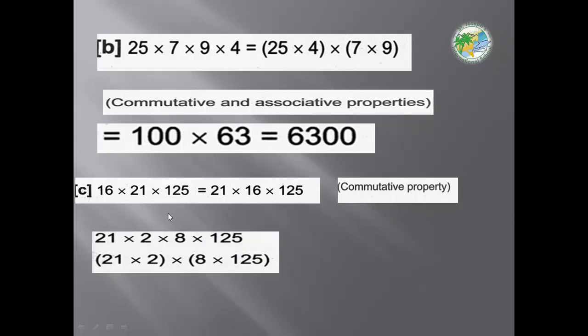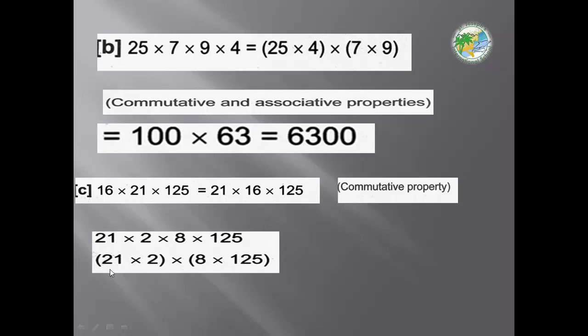Fine. Okay. To make the multiplication easy without using a calculator, we can change 16 to equal 2 times 8. Why? Because from the golden times table, 125 times 8 equals 1000.